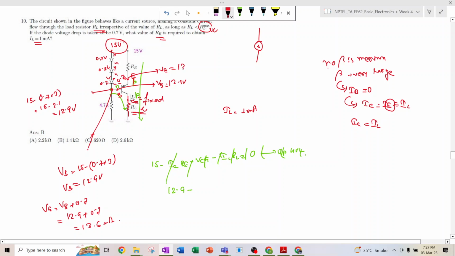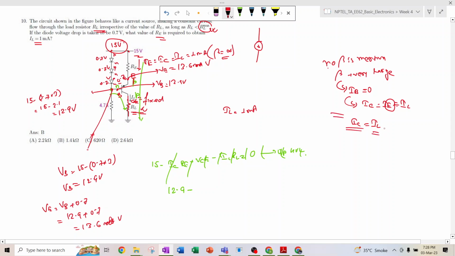So VE is 13.6 volt, 15 volt is over there, 13.6 volt is over here, and we also know the value of IE, which is the same as the collector current IC, or the load current, that is 1 milliampere. Why? Because beta is equal to infinity or very large, as I have already discussed, right?